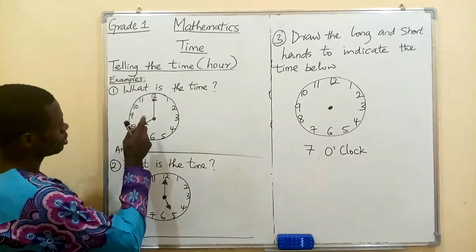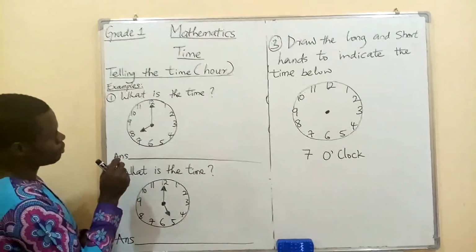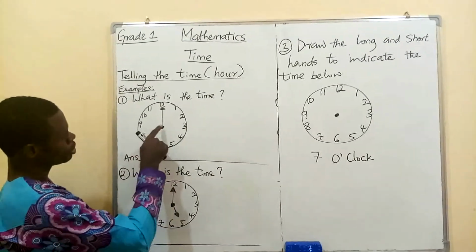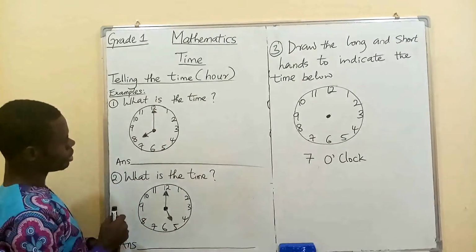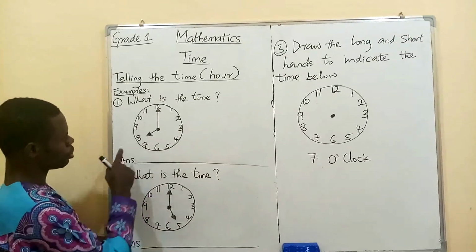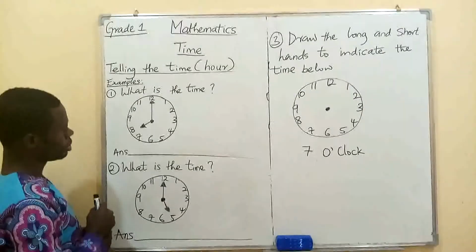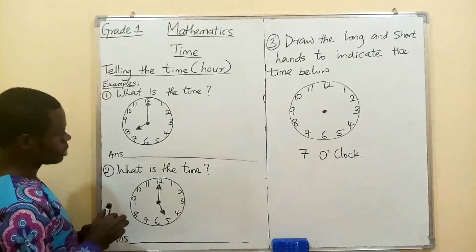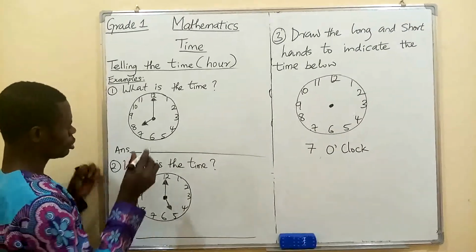Alright, looking at the face of a clock there in number 1, the long hand is pointing directly at 12, while the short hand is pointing at 8. That is 8 o'clock.